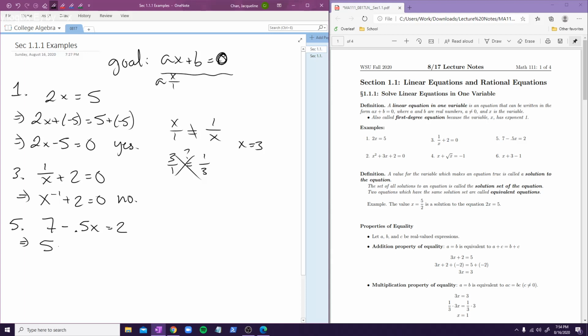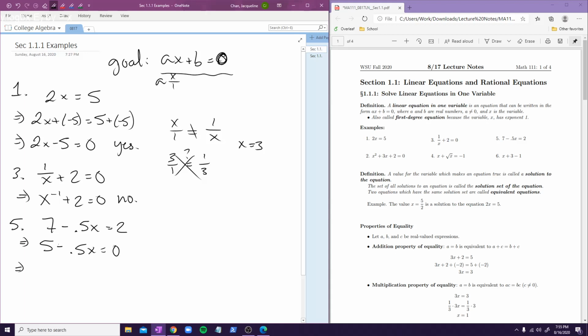All right, when I do that, I get 5 minus 0.5x is equal to 0. Right? And if you want it in this particular form, we can just flip it around.